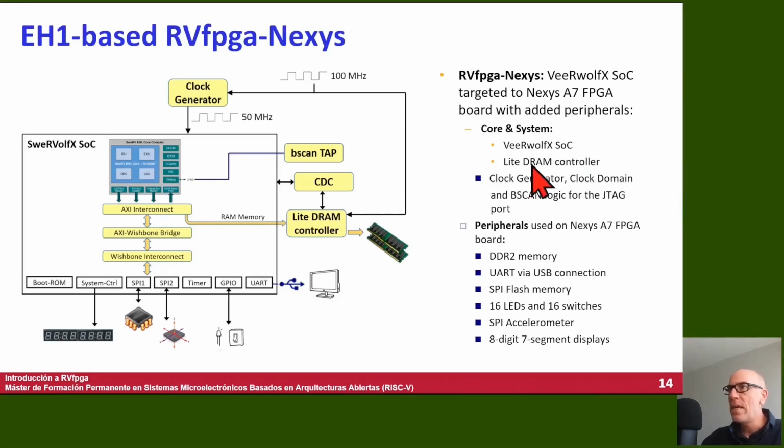We also add a DRAM controller not included in the SoC, but it can communicate via the AXI bus and has reserved memory for it. This controller connects to the board's DDR2 memory plus a clock domain crossing and JTAG logic.